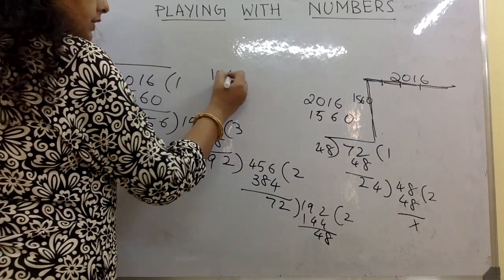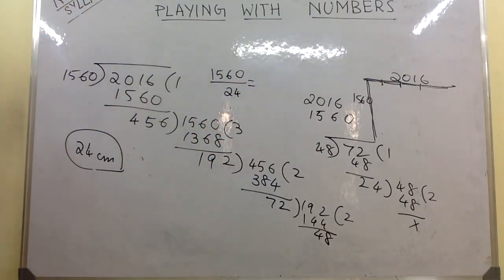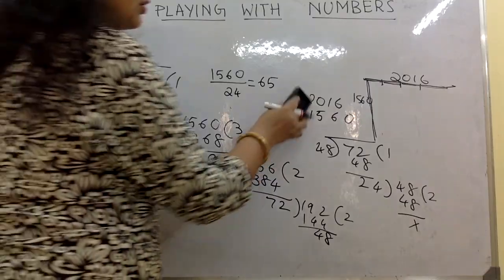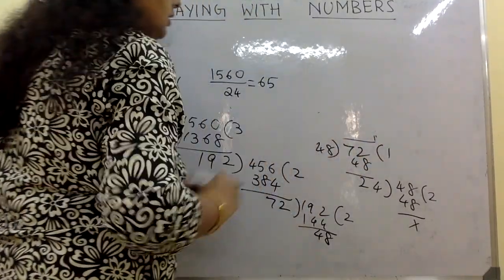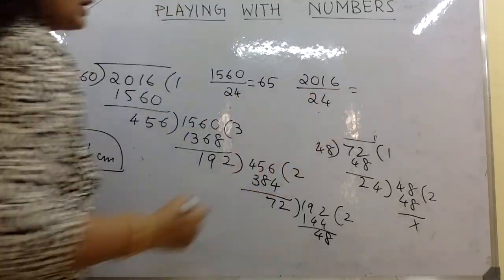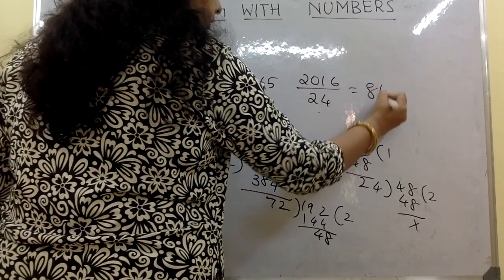1560 divided by 24. You can do this division and that comes to 65. Then 2016 divided by 24 again comes to 84.